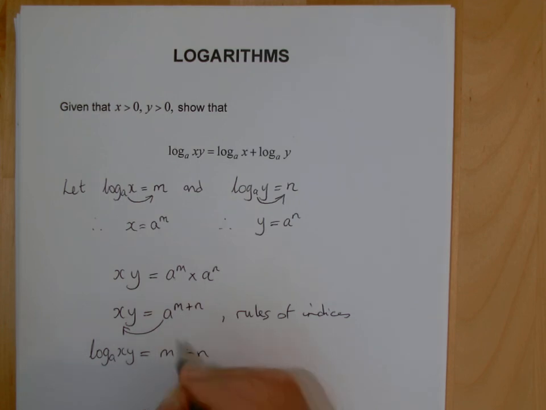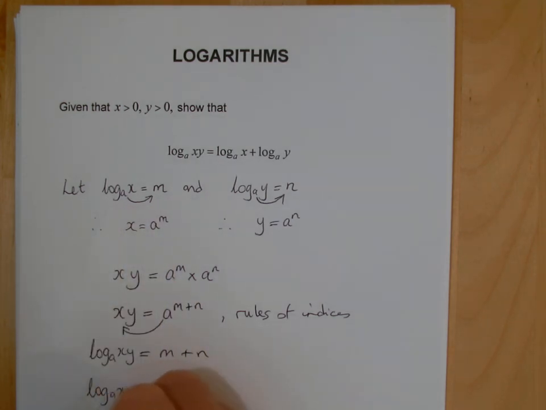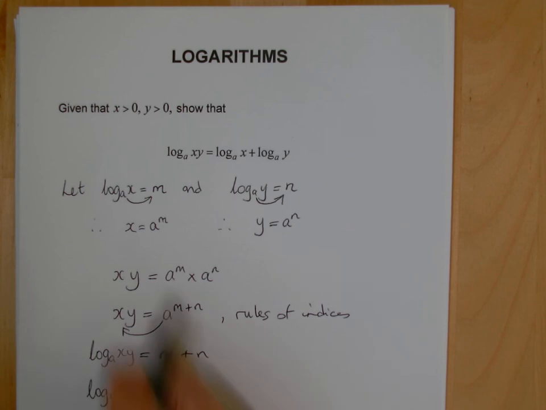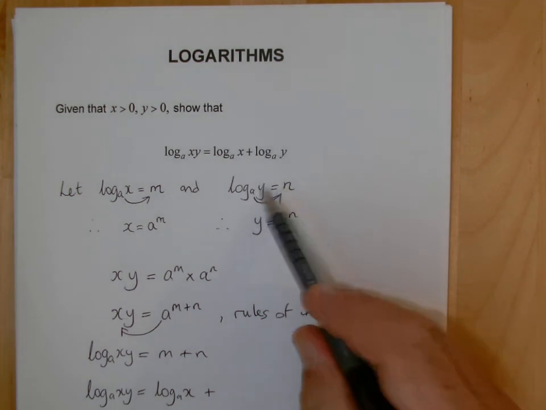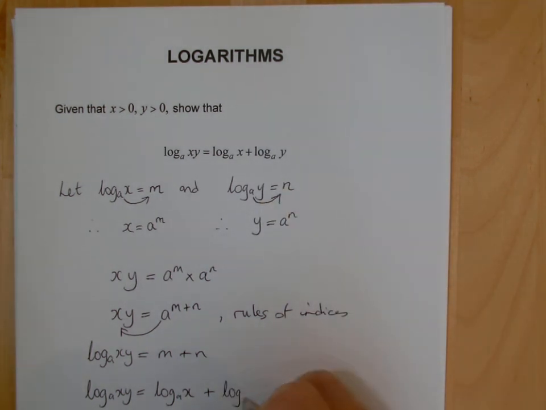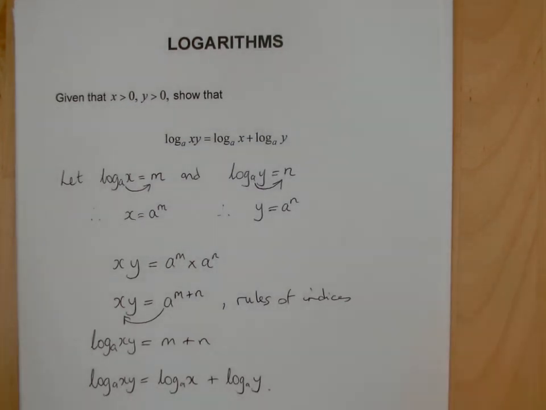But of course, I've already defined what m and n are. m is just this, so I'm going to rewrite this now. Instead of having m there, I can write what m is, which is log to the base a of x, plus n, which is log to the base a of y. And I proved my result through that process there.